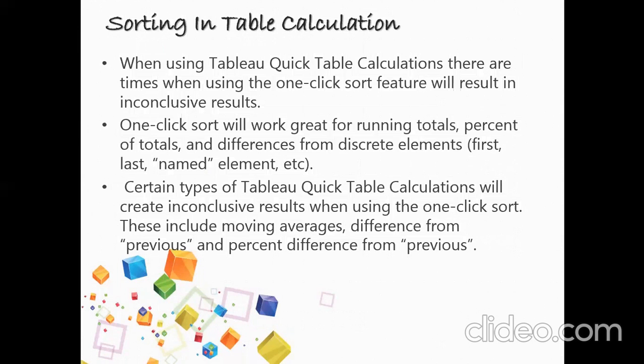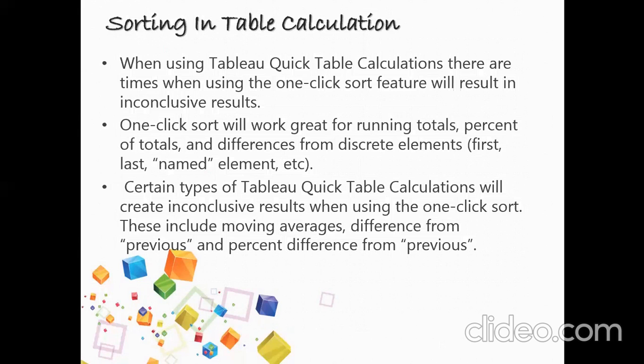This one-click sort, your axis sort or your top tooltip sort, may work fine with running total, percentage of total, or when you're finding the difference from a particular time.